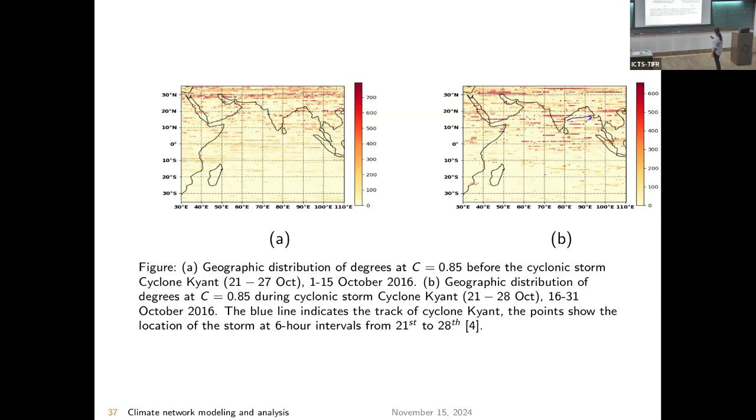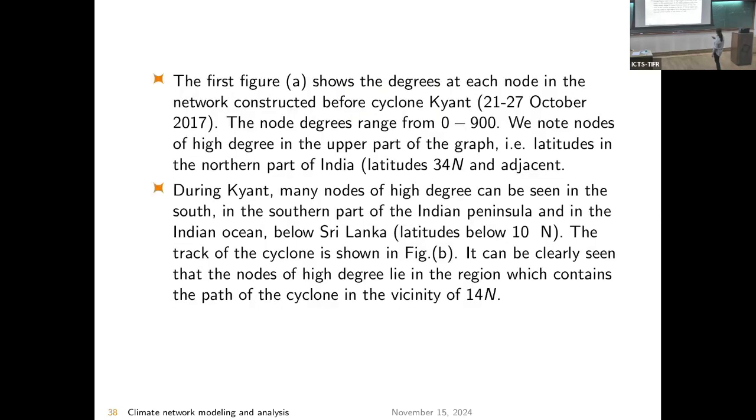We can see the degree distribution is quite different before the cyclone. The first figure shows the degree of each node before the cyclone Kant, and we note that the nodes of high degree are in the upper part of the graph, that is the northern part of India, near latitude 34° north and adjacent.